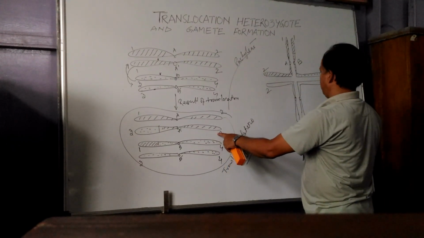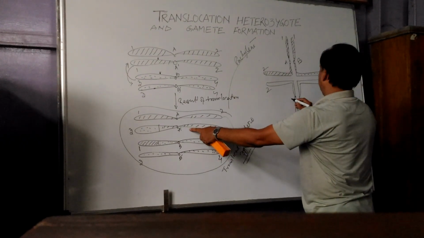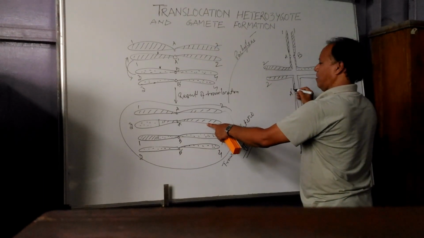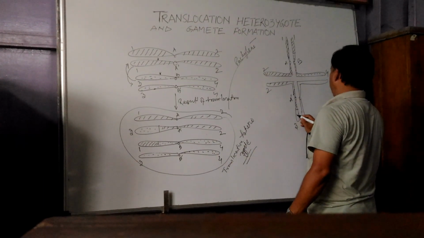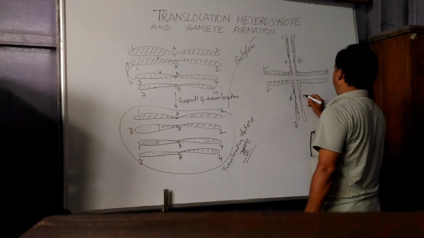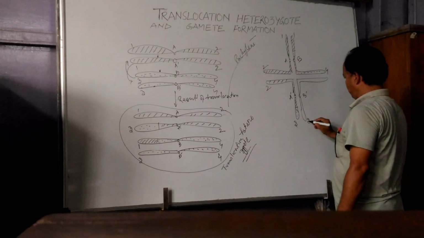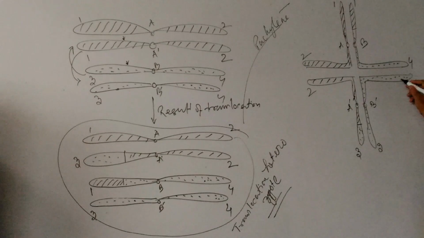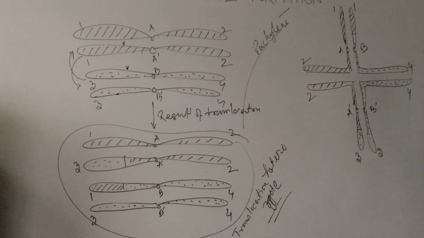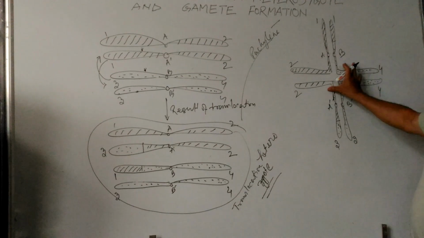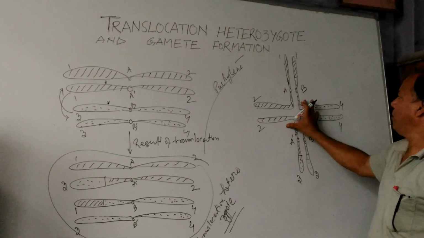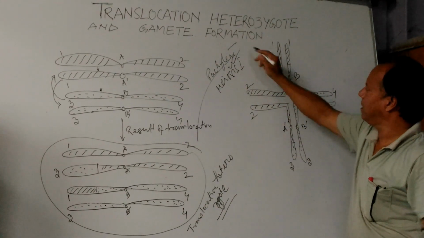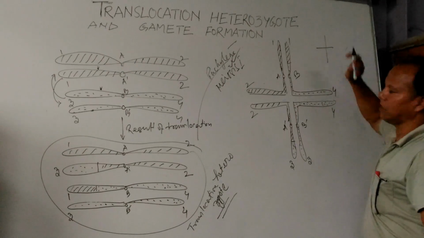This is the second chromosome having A prime centromere. Gene 2 will pair with 2 and gene 3 will pair with 3 at the bottom. This is the fourth chromosome having B prime centromere and genes 3 and 4, 3 at the bottom and 4 at the right hand side. Thus, such a peculiar plus-like structure is formed in pachytene configuration, which is involved in the formation of gametes.